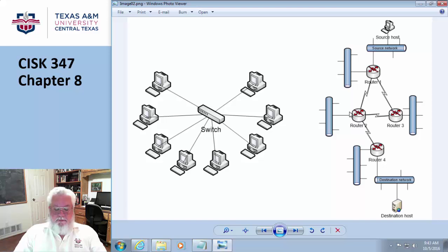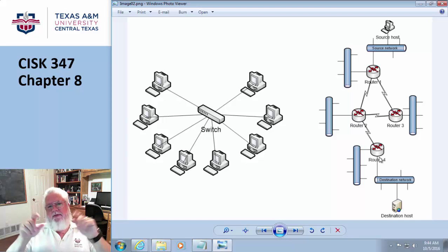Okay. So it should be fairly obvious, looking at this diagram, that one of the things that routers should do is attempt to figure out the most optimal path. I mean, yes, I could send a packet from 2 to 3 to 4, and then on. I could. Or I could send it to 1 to 3, 2, and 4. Now, it should be fairly obvious that sending it through this extra link is probably not efficient. So one of the rules of routers is to find the shortest path through the network, and they use this term.